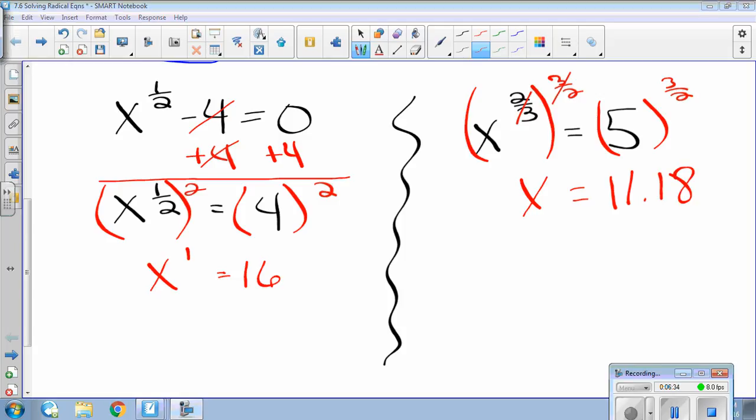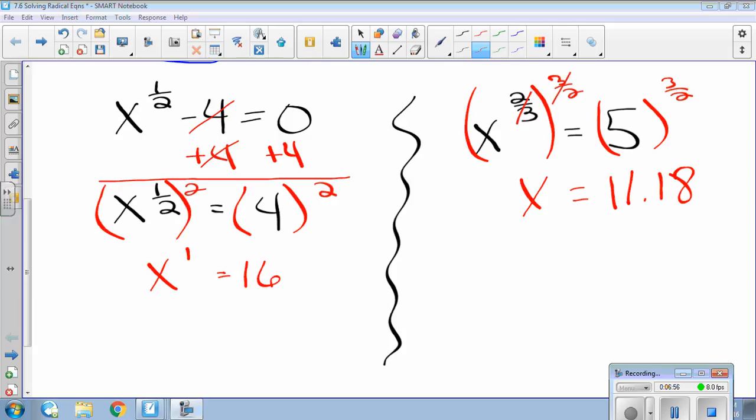Okay, one thing I need to mention. When you have to raise it to a fractional exponent to get rid of it, okay? Something to the 3/2 power is actually the square root of that, to the 3rd.